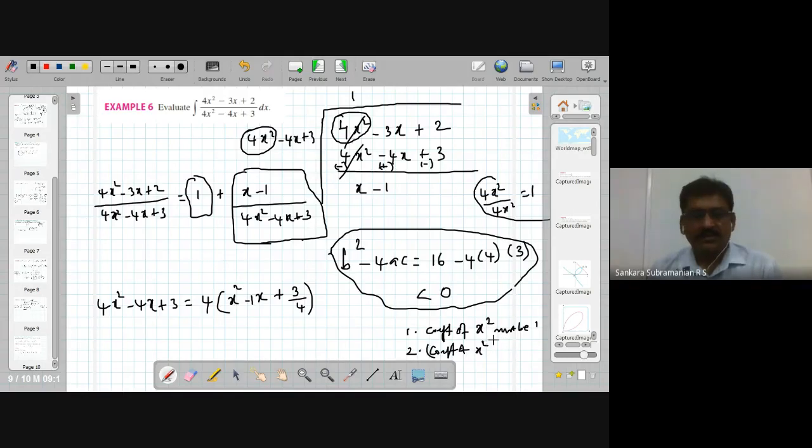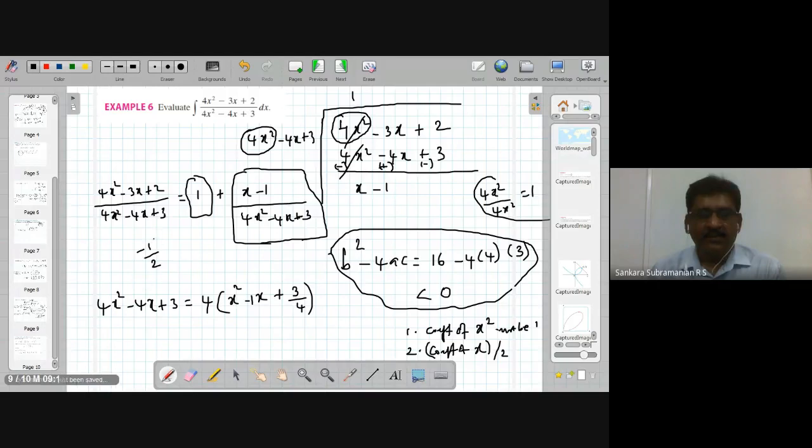Sorry, not coefficient of x square, coefficient of x என்னன்னு பார்க்கணும். இந்த இடத்துல coefficient of x வந்து -1. அதை 2ஆல டிவைட் பண்ணணும். அதான் இங்க எழுதியிருக்கிறேன்.